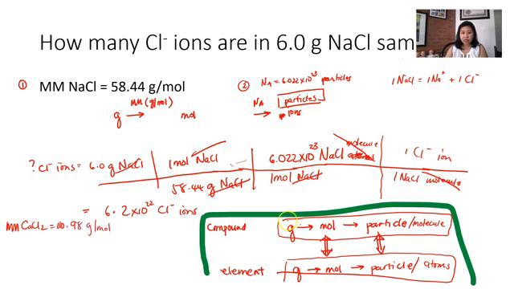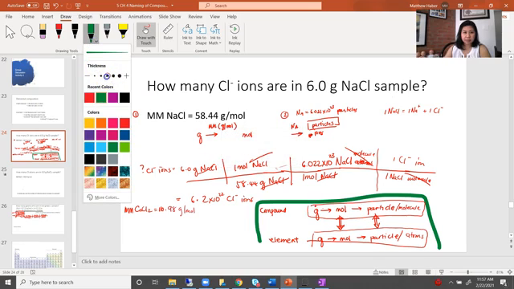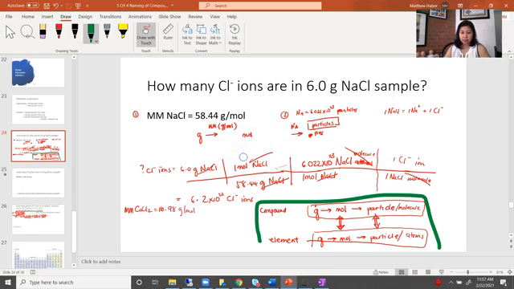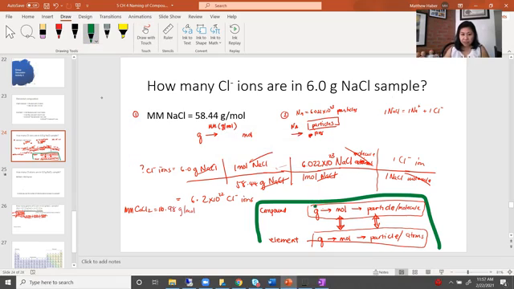You started with the mass of your sodium chloride. You figure out how many moles are present in there. So you went to this pathway.